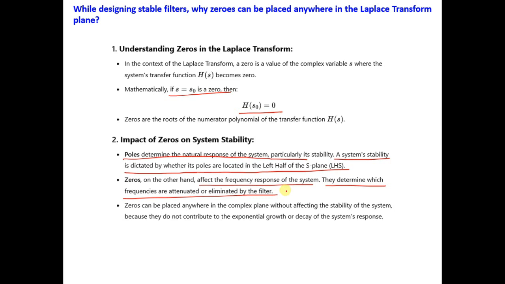Zeros can be placed anywhere in the complex plane without affecting the stability of the system. As I told you, the solutions to these roots will bring the transfer function down to 0. So wherever we place the zeros, there will be no stability issues. Why? Because they do not contribute to the exponential growth or decay of the system's response.